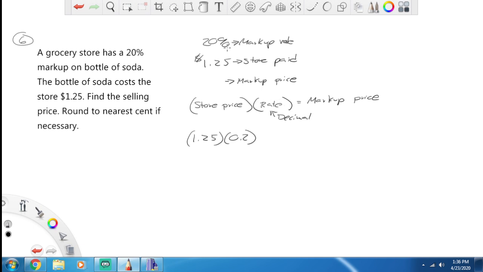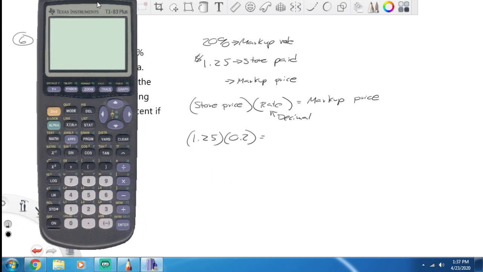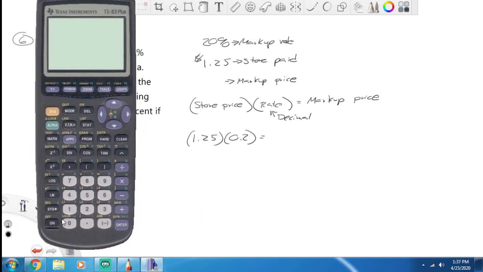Yeah, you could do it that way too, Eli. I was going to do it that way after this. But that's not going to give you your markup price. This will give you your markup price. So 1.25 times 0.2 equals that. So this is going to increase by 25 cents. So your markup price is 25 cents here. I guess you do it this way.